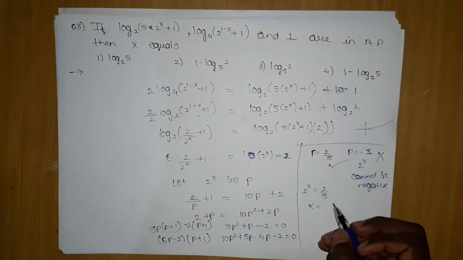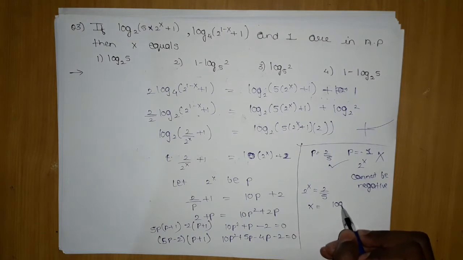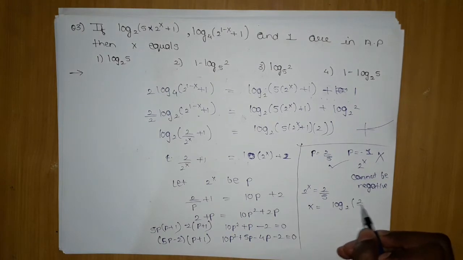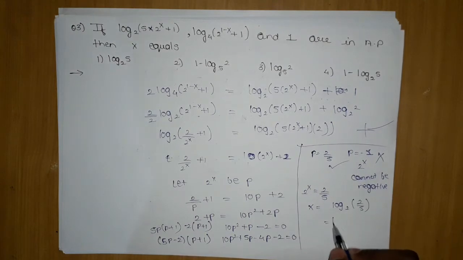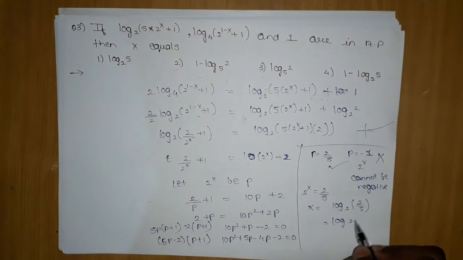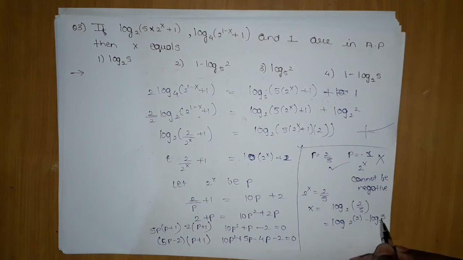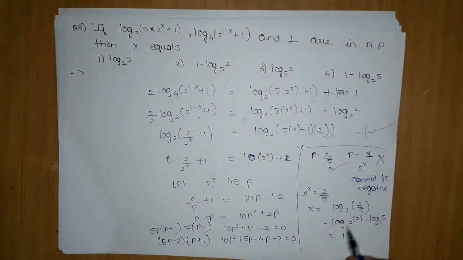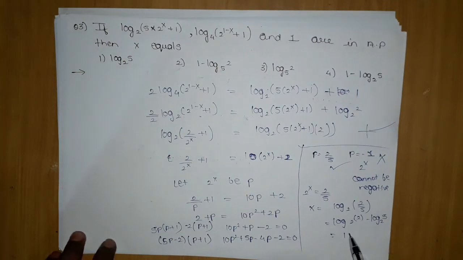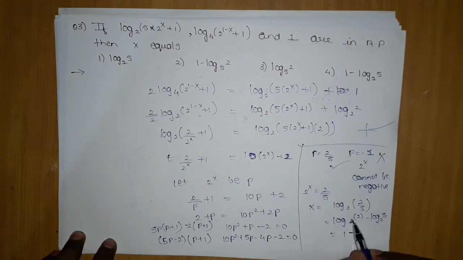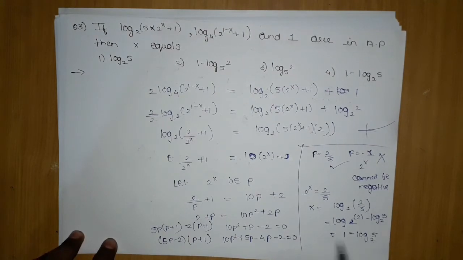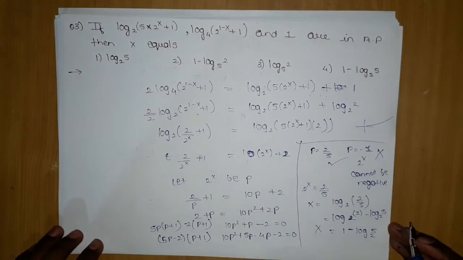So this will be log 2 to the 5 base 2, which will give me, now here this is just a calculation, 2 minus log 5 to the base 2, which will give me 1. Since base and power are same, this will become 1, and this will be log 5 to the base 2. So we got the x value, which is nothing but log 5 to the base 2.